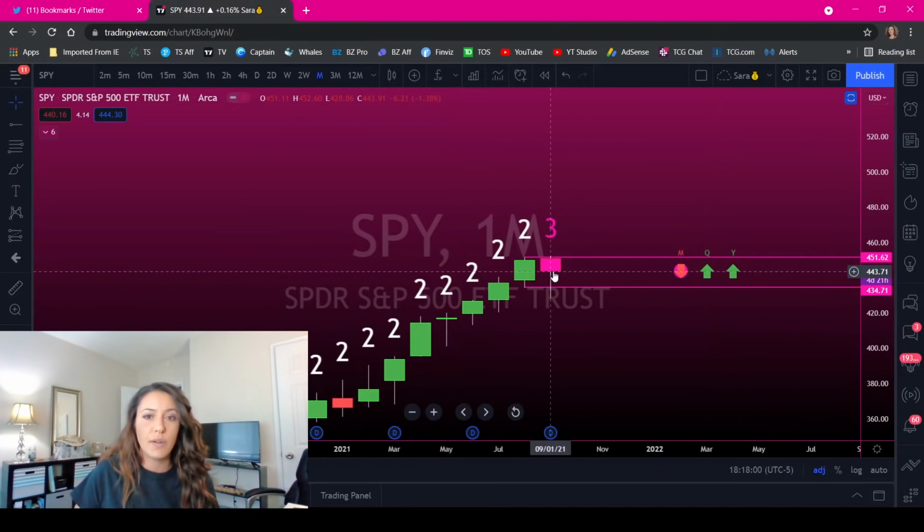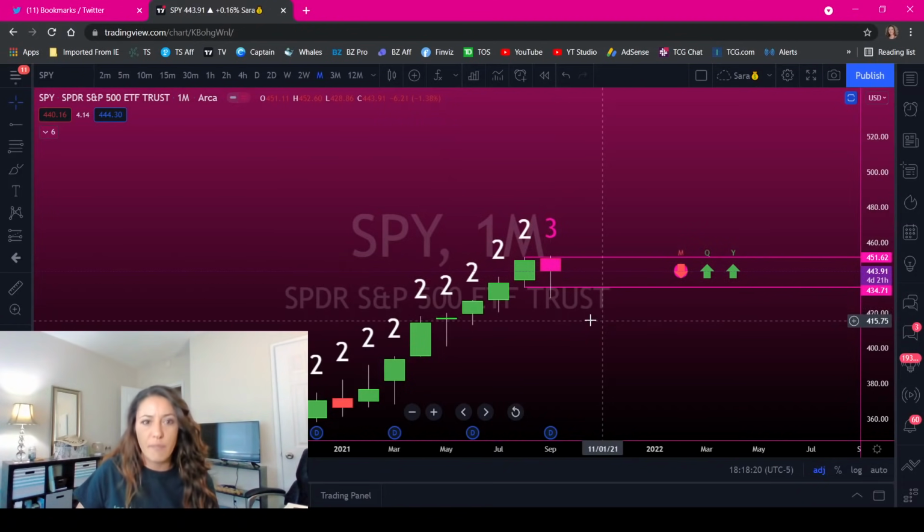So we want to be short from halfway through the previous candle, with this being our target. This is not the same thing as a 2 up, 2 down reversal because it's already moved so much in a month. And we have to be mindful, kind of like the average true range, of how much a stock can actually logically move. So once we came down here, the target was there.